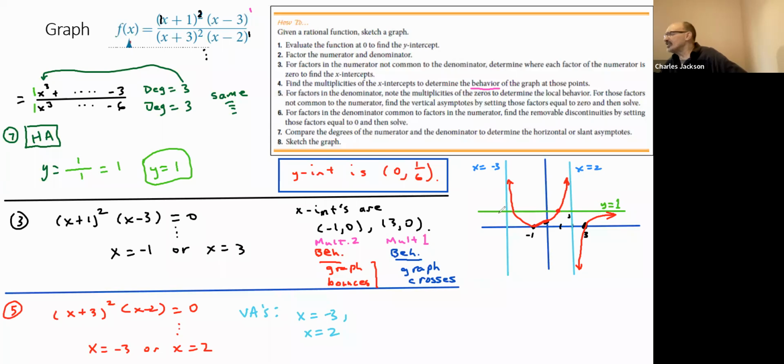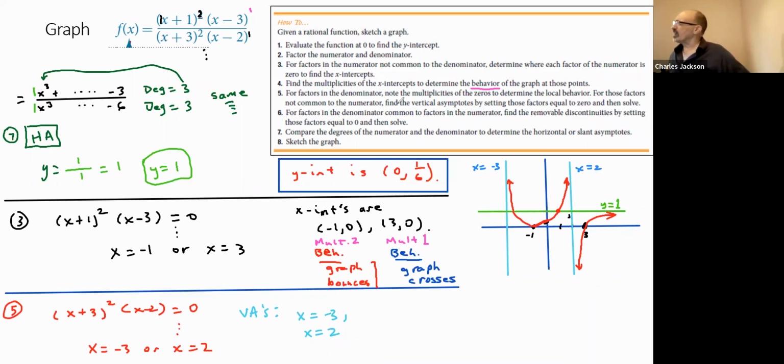On the left, then, we should have, let's see, it talked about the behavior near the vertical asymptote. So it said for factors in the denominator common to factors in the numerator, find the removal. Oh, yeah, it's not that. 5.